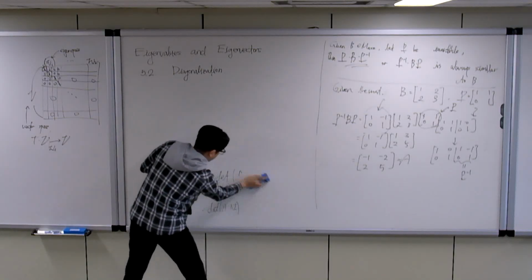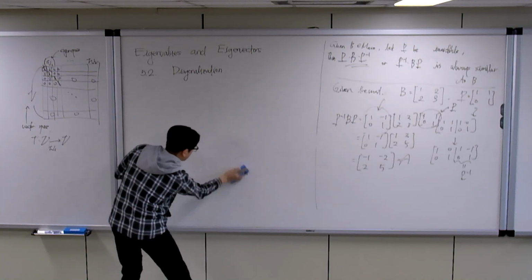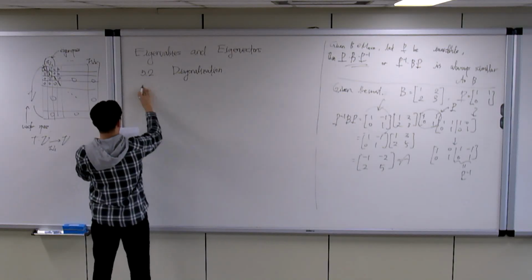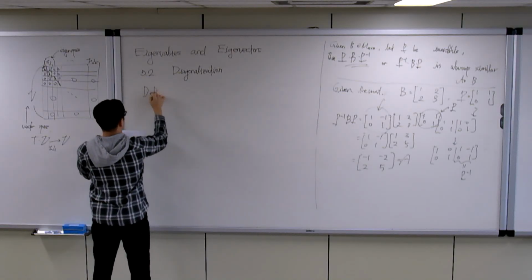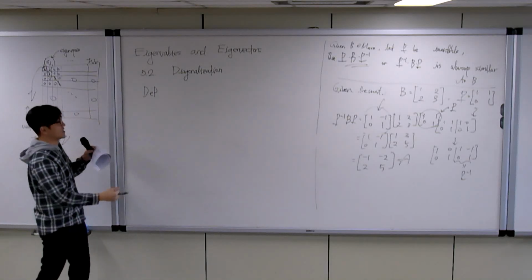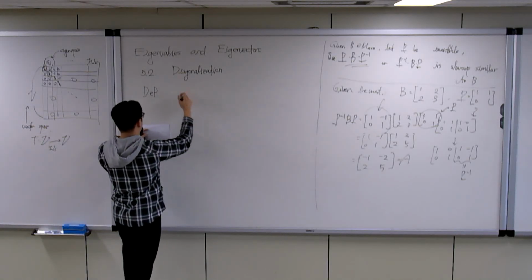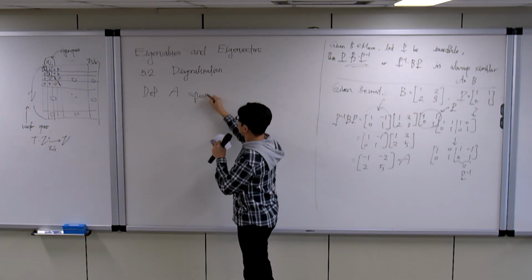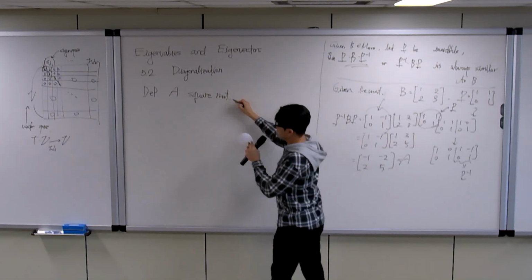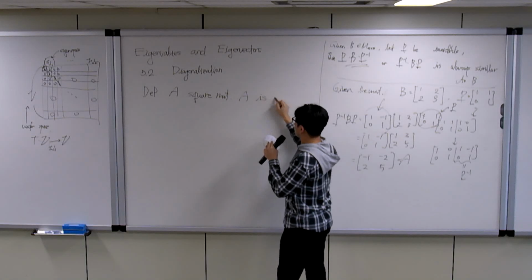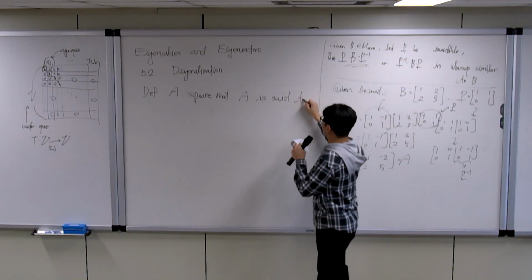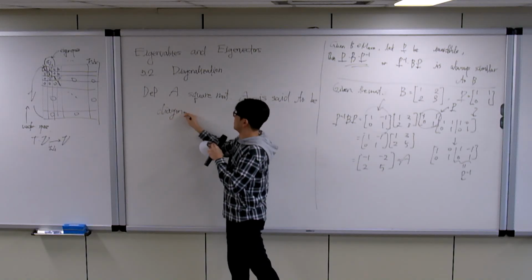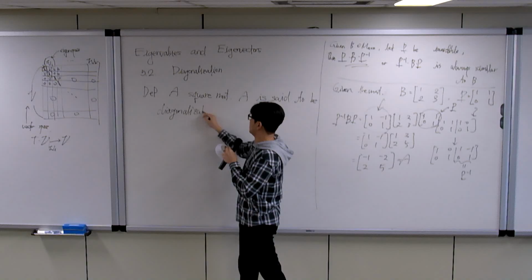So let's consider an equivalent statement with diagonalizable. A is diagonalizable means A has n linearly independent eigenvectors.